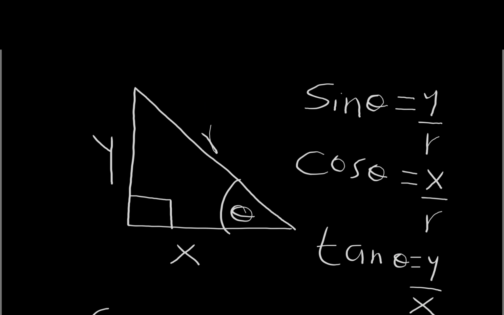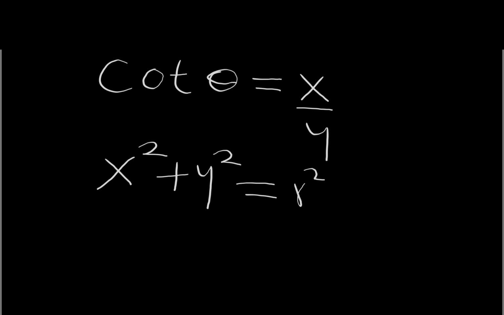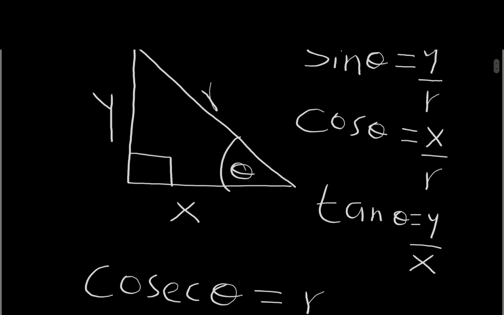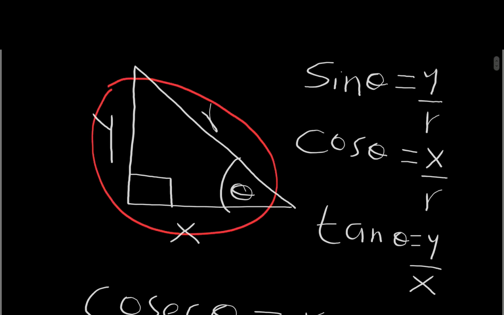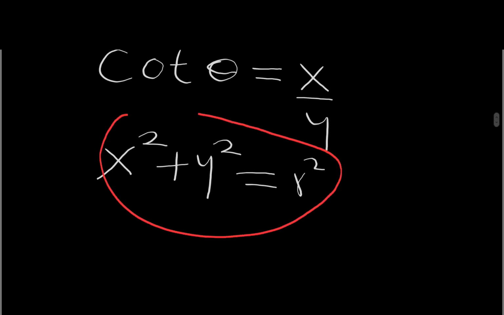That is, the sum of the square of the two shorter sides will be equal to the square of the longer side. So, the equation that you're going to have is x squared plus y squared will be equal to r squared, using the Pythagoras theorem from the diagram. So this is the equation that we'll be having.